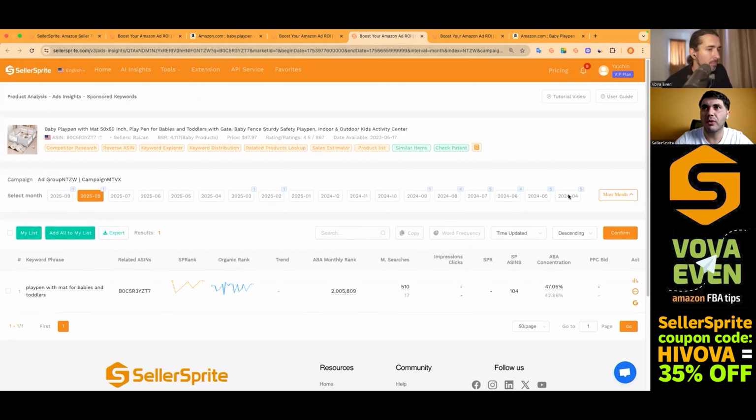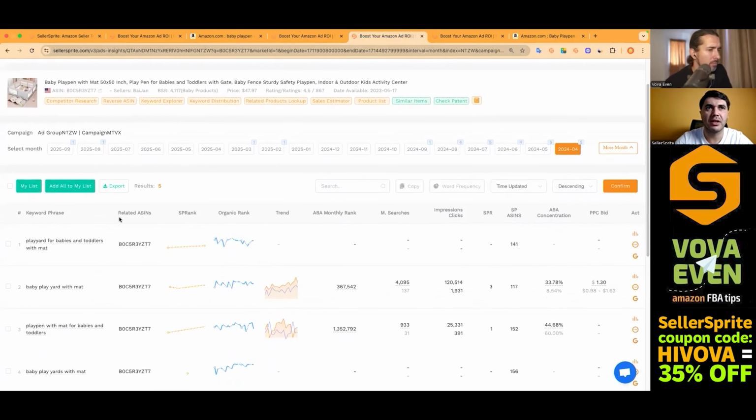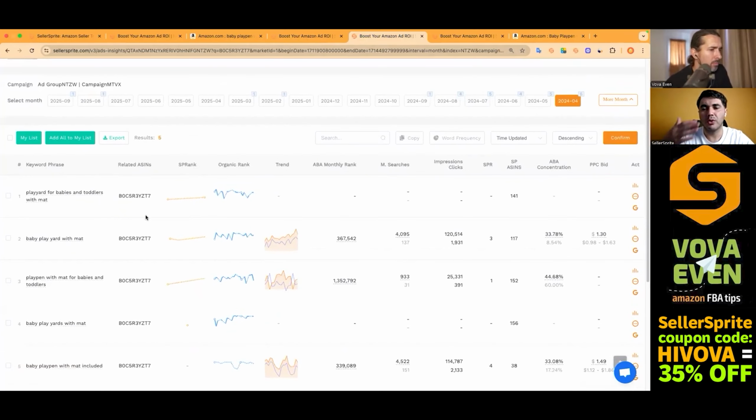For example, April 2024, what kind of campaigns they ran and which keywords worked, which keywords didn't work. So now you figure out what is working and put those keywords to work for you. You don't need to spend a lot of time and a lot of money, letting Amazon consume your money, and then figure out, oh, this keyword is working, this keyword doesn't work, so I don't need to target this too much. You can find out exactly what kind of PPCs they ran and how they got successful, which keywords convert better.